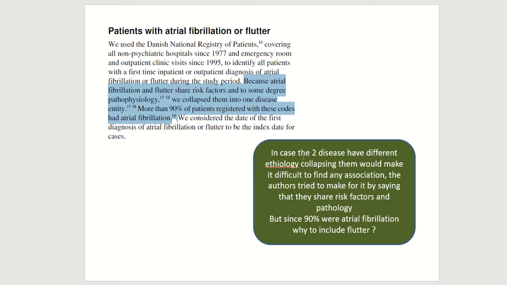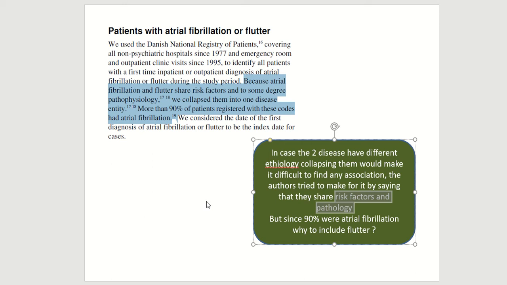Well, what they said is that in case the two diseases have different etiology, collapsing them would make it difficult to find any association. The authors tried to make up for it by saying that they share risk factors and pathology. So they are telling us that AFib and flutter have the same pathology and risk factors, and therefore putting them together is not a big deal.